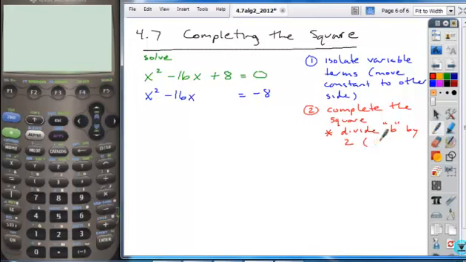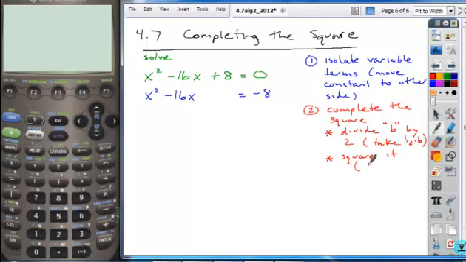So basically what you're doing is you're going to take 1/2 of b. So what is half of our b term here? The b value is the coefficient of x, so half of -16 is -8. We're going to take half of that, and then we're going to square that value.